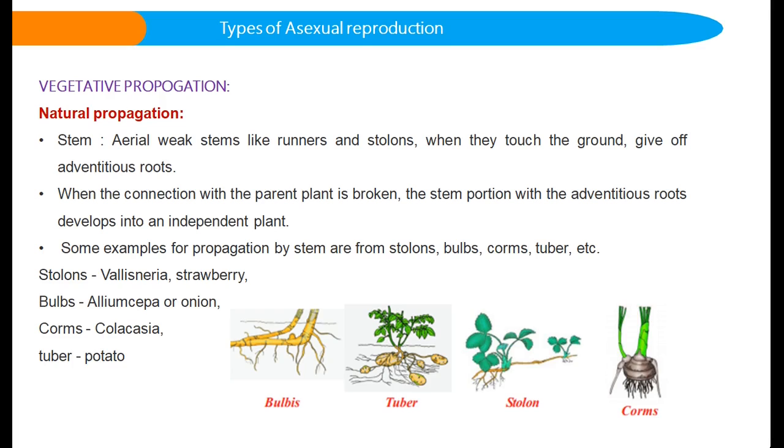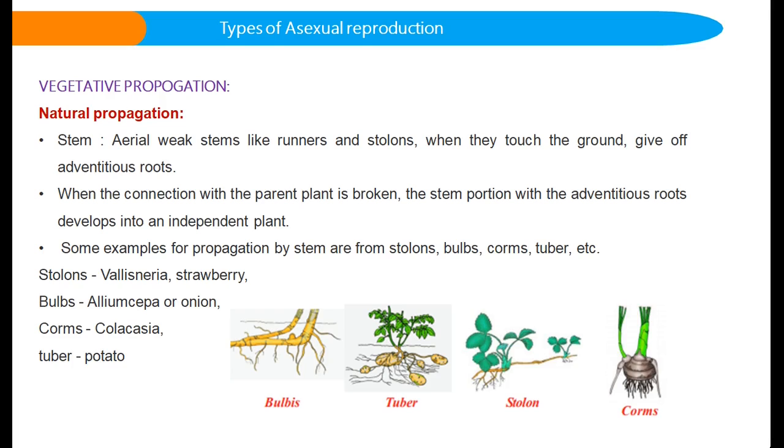Then coming to the stem, aerial weak stems like runners and stolons, when they touch the ground, give adventitious roots. That means a bunch of roots is produced when these stems touch the ground. When the connection with the parent plant is broken, the stem portion with the adventitious roots develops into an independent plant.